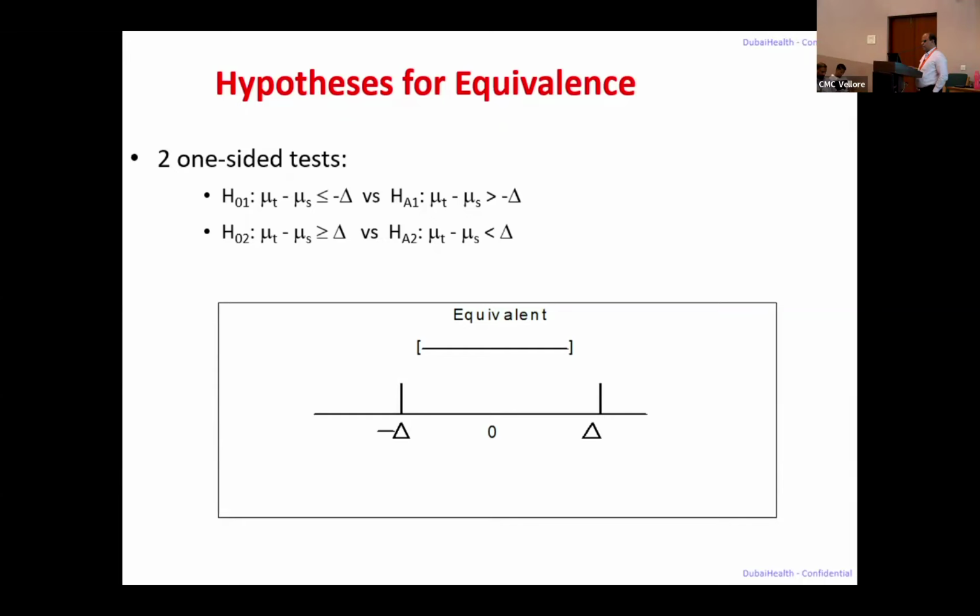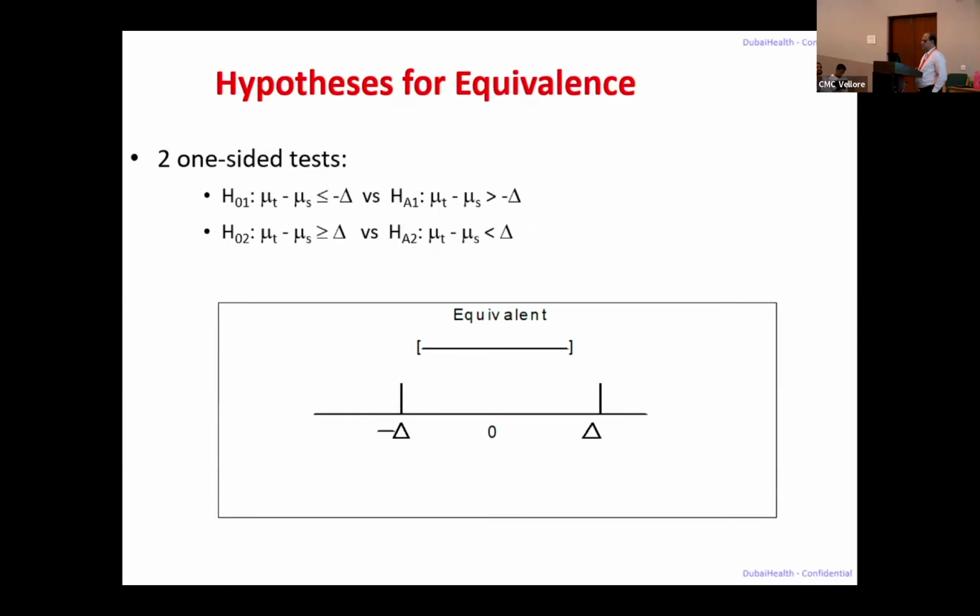Here, let's see what we are saying. This is the difference between the new treatment and the standard of care treatment that is greater than the pre-specified value. So this is false here. Greater than this goes outside the delta.